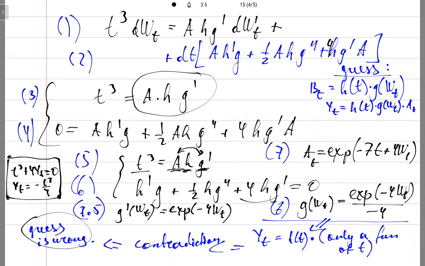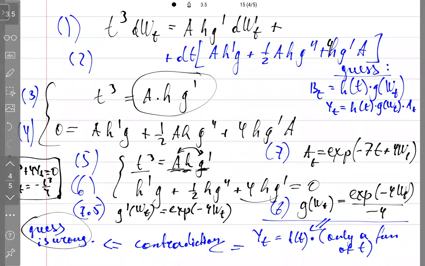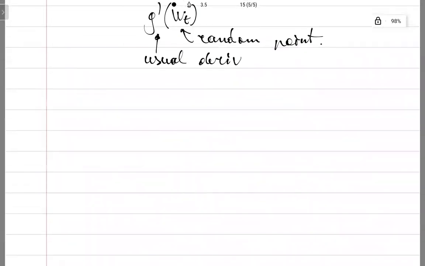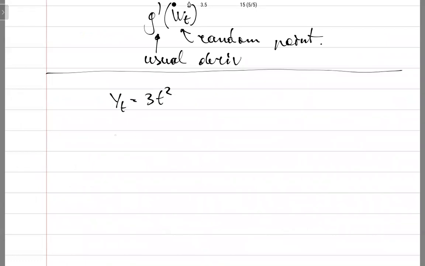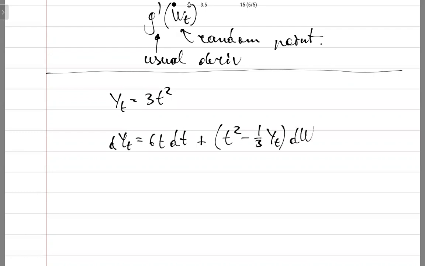I may write such an equation, something like yt is just 3t squared, and obviously I may write that dyt is 6t dt plus t squared minus 1/3 yt dwt.